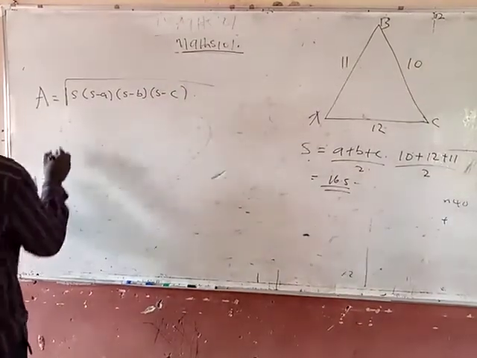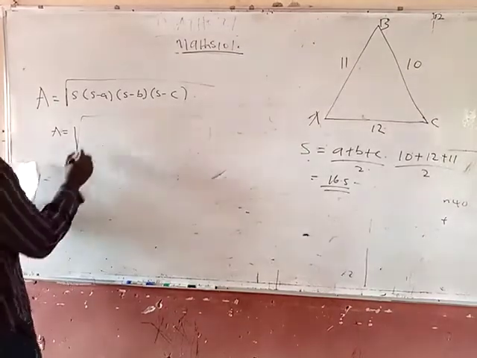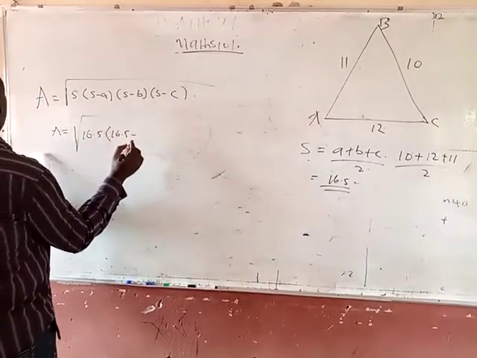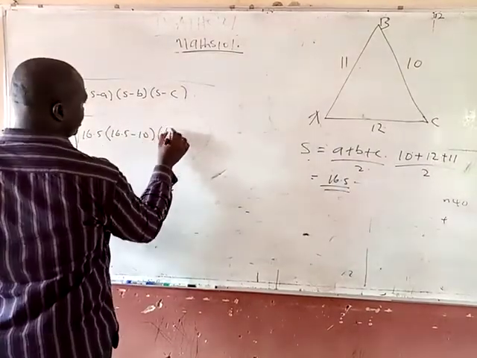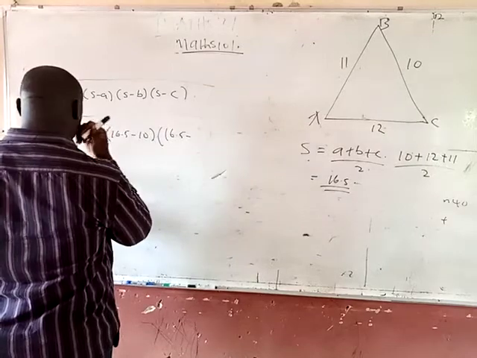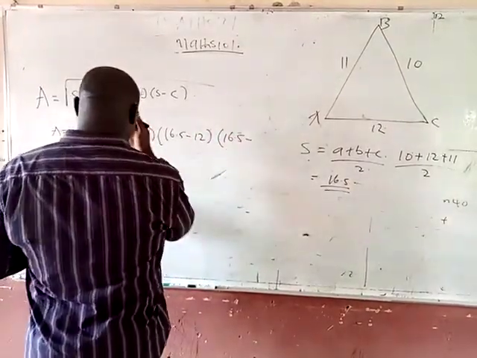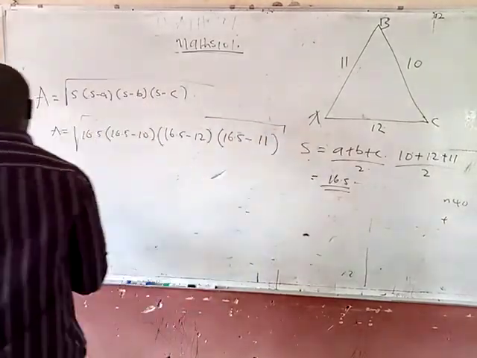So the area is the square root of 16.5 times (16.5 minus 10, which is a), times (16.5 minus 12, which is b), times (16.5 minus 11).